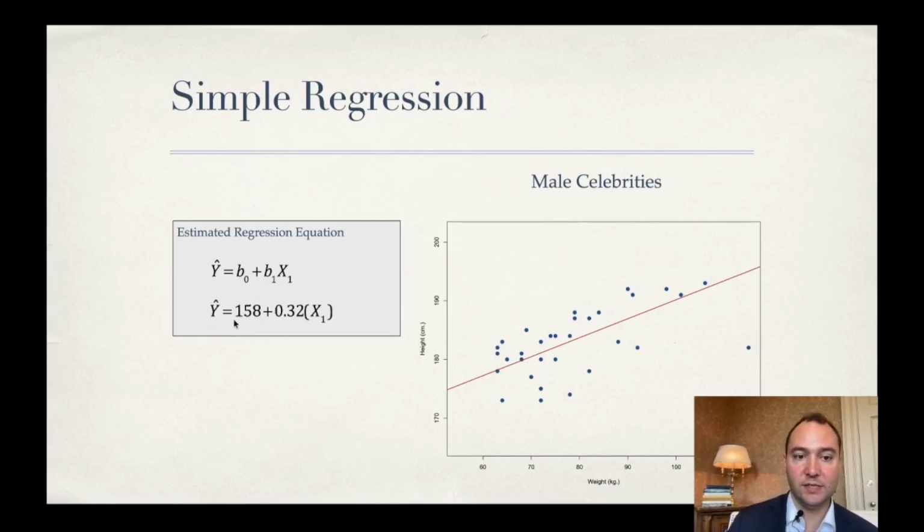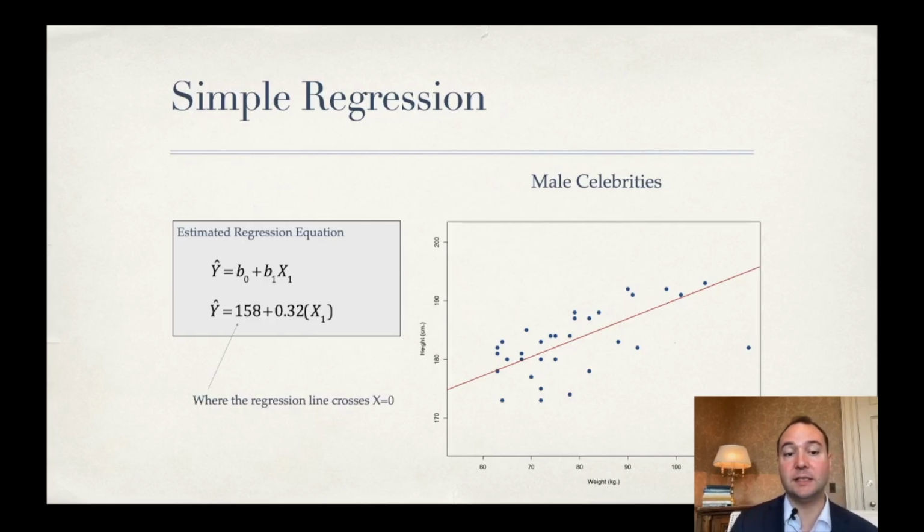Okay, so this equation creates this line. What does this line tell us? This line tells us if we know the X value, let's say your weight is 80 kilograms, we can track onto this regression line and predict that the height would be somewhere around 180, a little bit more than 180 centimeters, given this data set.